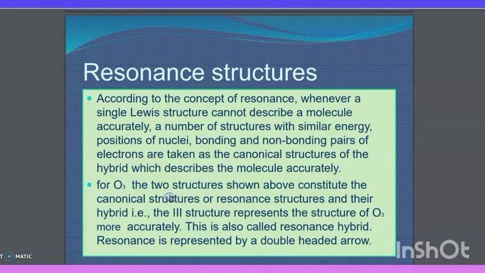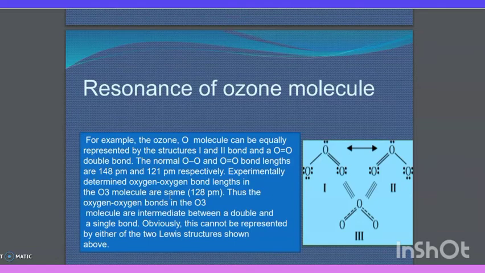You can see here the example of the ozone molecule. Here you can see this oxygen having 4 lone pairs of electrons, and this oxygen having 6 lone pairs of electrons. While drawing the Lewis structure, we have discussed this.